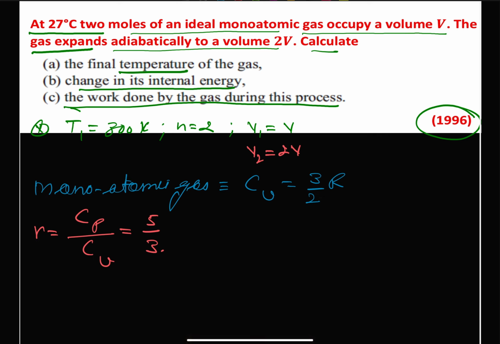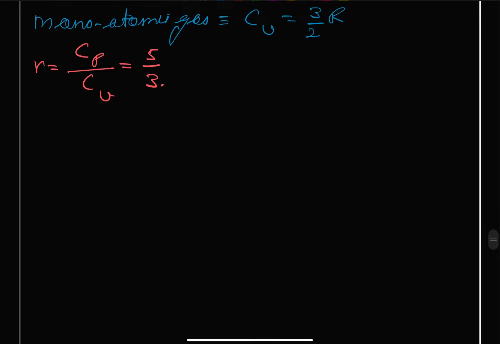So we have to find out first of all the final temperature of the gas. The process is adiabatic, so we can just write the formula directly.